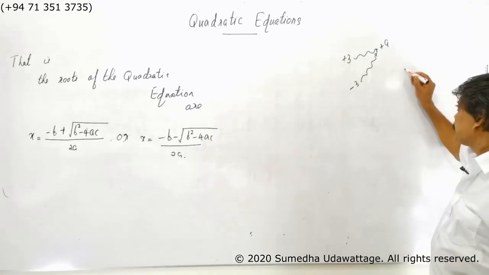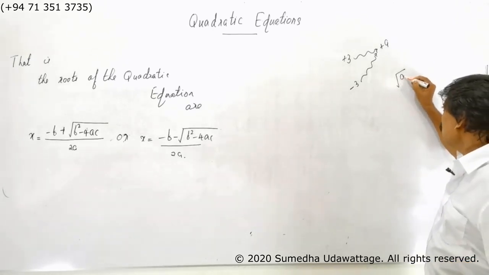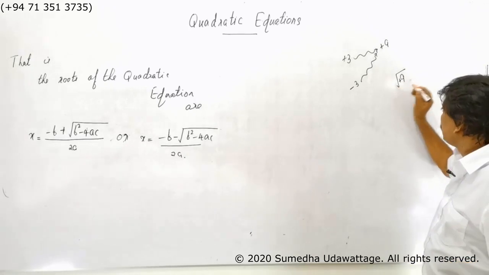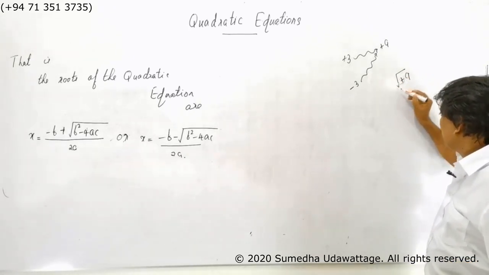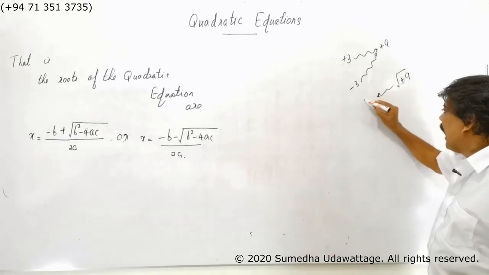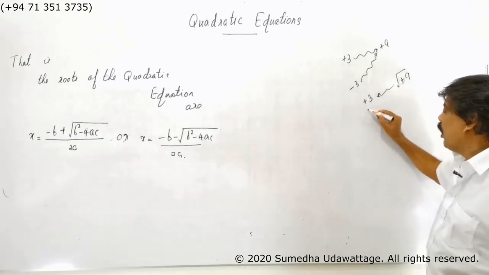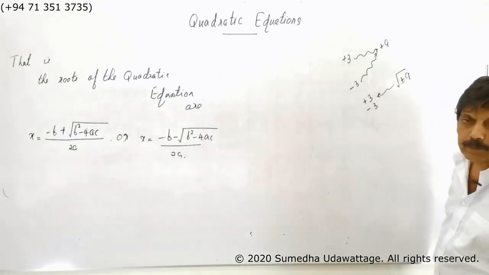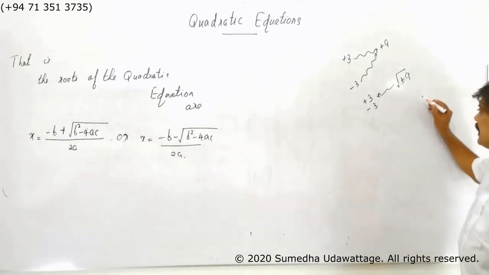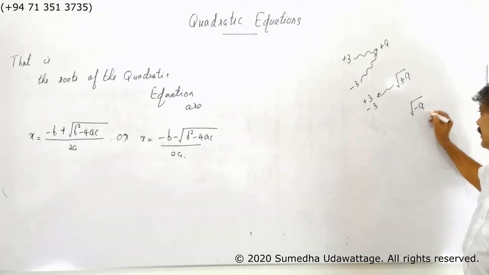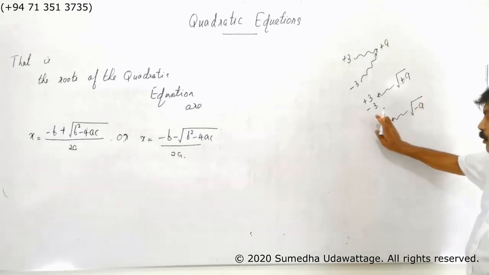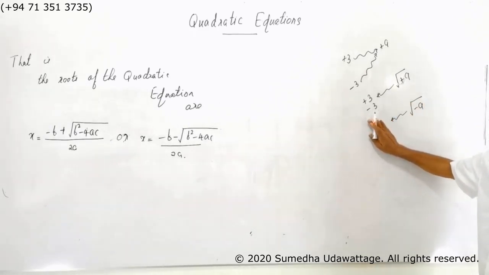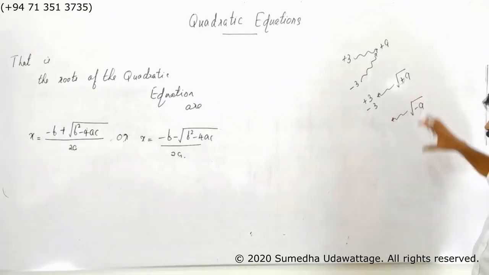That is, you get the square root of plus 9, it would be either plus 3 or else minus 3. What about the square root of minus 9? It does not exist as a real value. We call it imaginary.